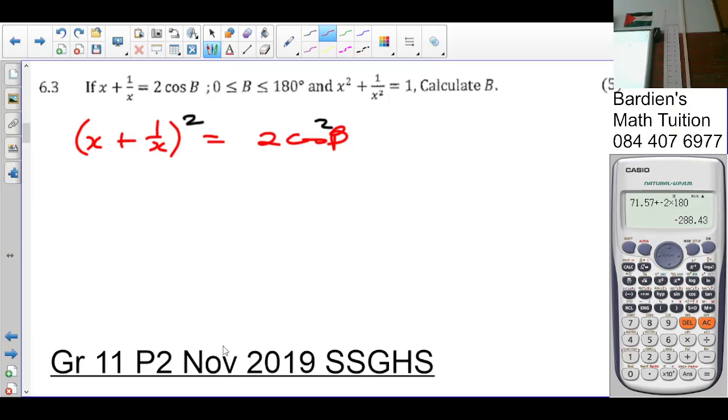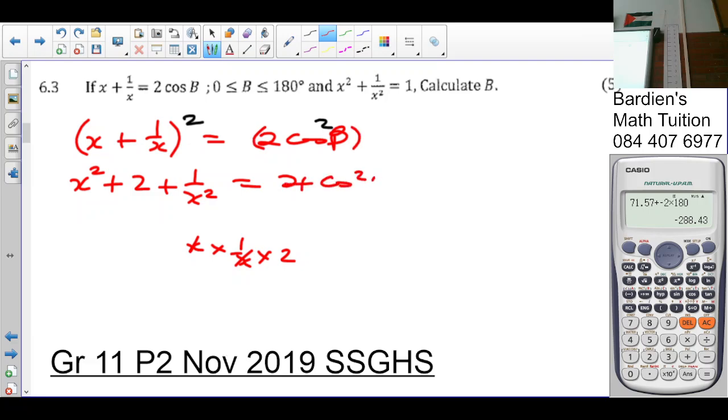Which now gives me first term squared is x squared plus x times 1 over x times 2, because that's a binomial square. If you didn't know that, no problem, you write it out twice and you multiply it out. Okay, so that cancels, leaves you with 2 plus 1 over x squared equals, this whole thing must be squared, so it's going to be 4 cos squared beta.